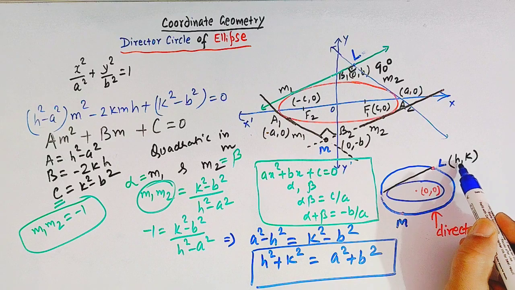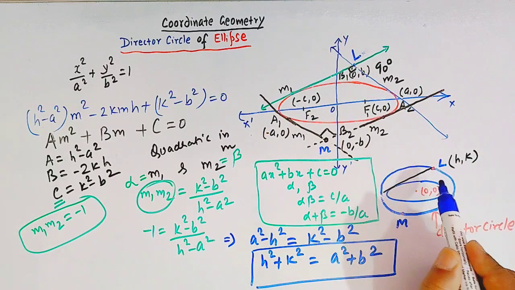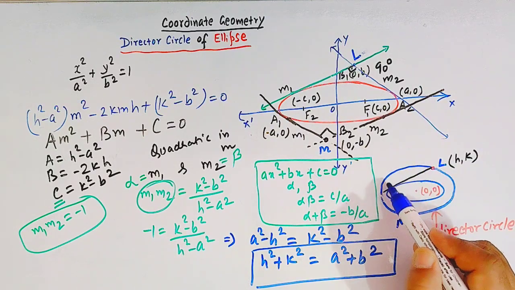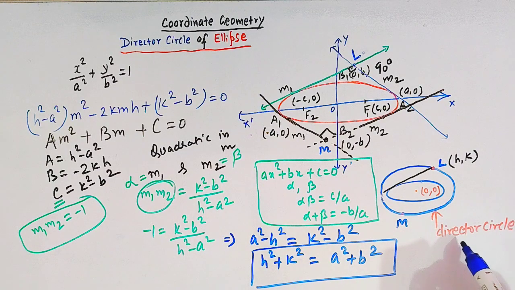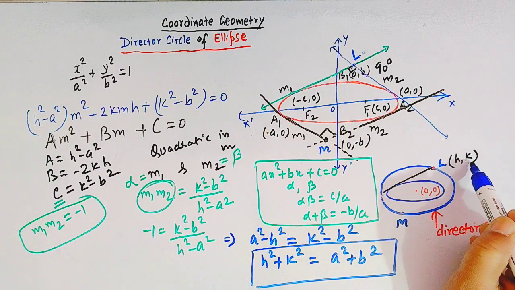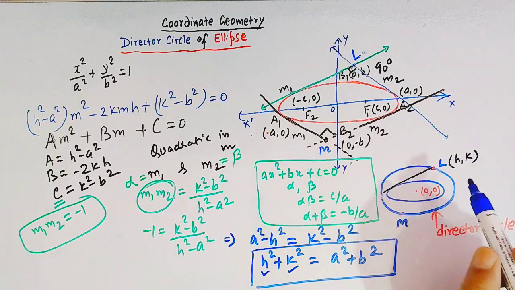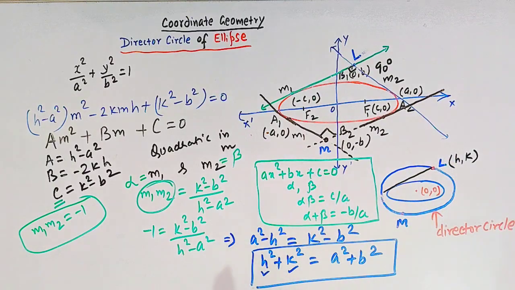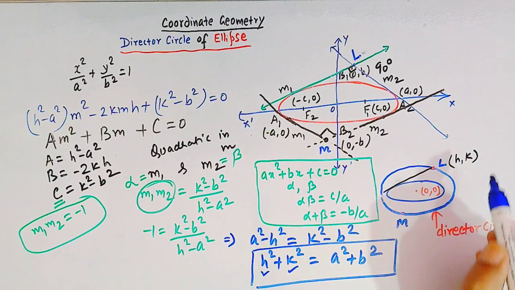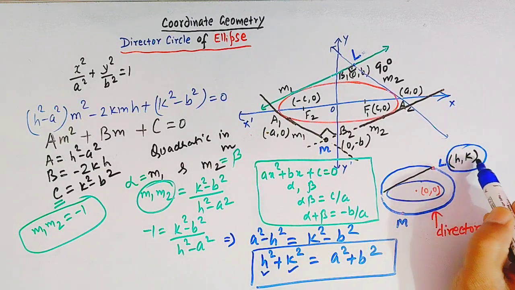Here we have taken the coordinates of any point lying on the circle, which is known as the director circle, as h comma k. In general, the equation of the director circle may be written by replacing h by x and k by y, because the director circle is the locus of this point h comma k.